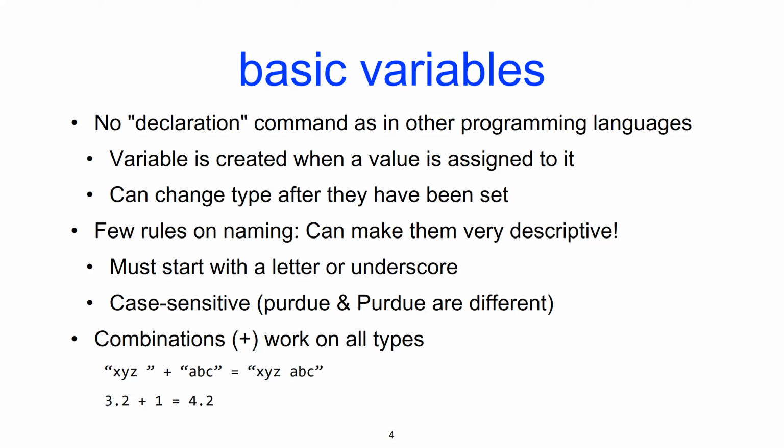First of all, for variables, no definition or declaration is needed in Python. If you are a C programmer or a Java programmer, you will start your code by saying int x equals 0, defining a variable with a type. Let's say this is an integer, this is a float, this is a double.